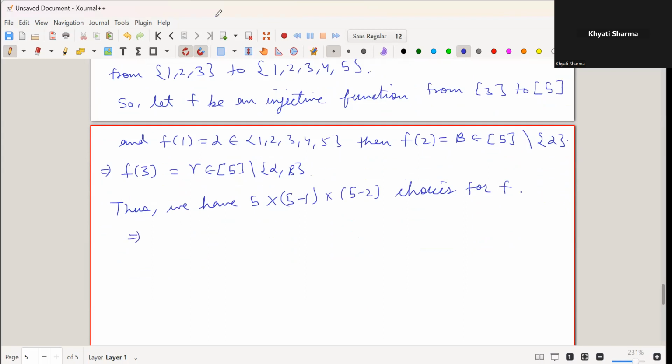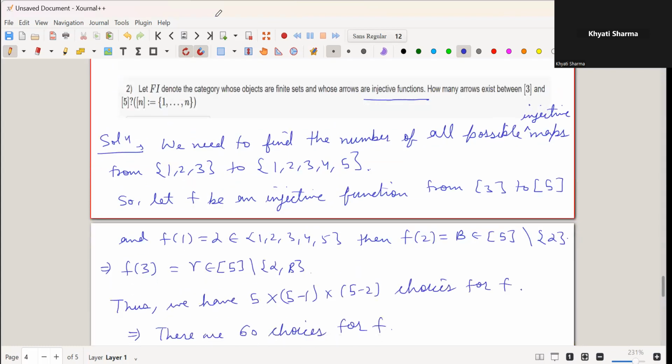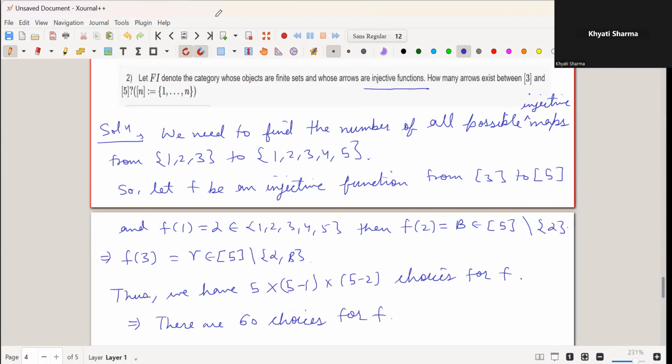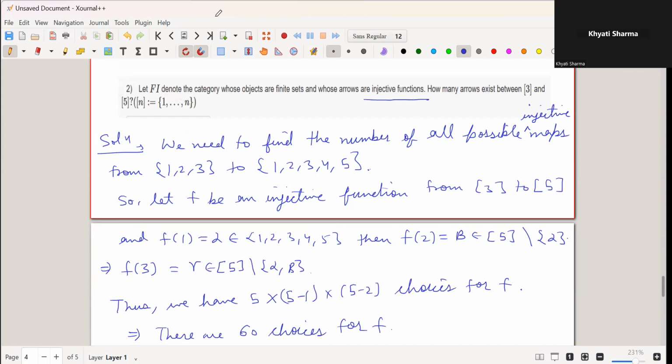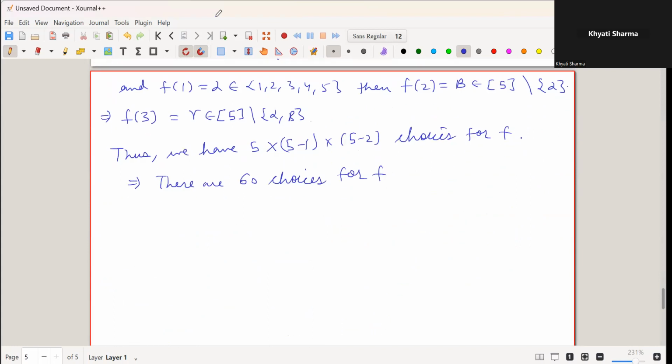This implies there are 5 times 4 times 3, which is 60 choices for f, right? This is the first method.